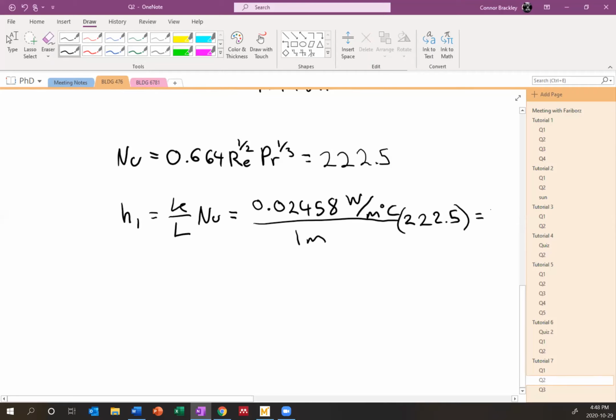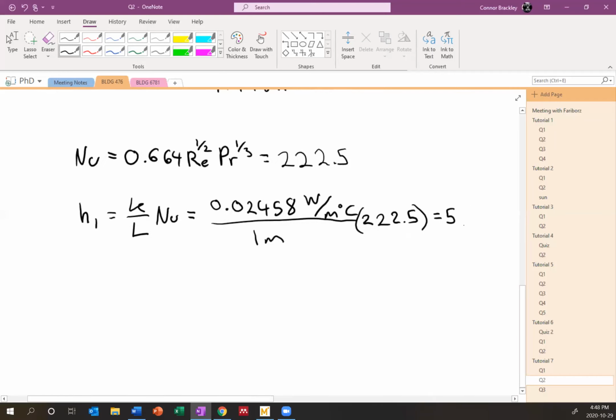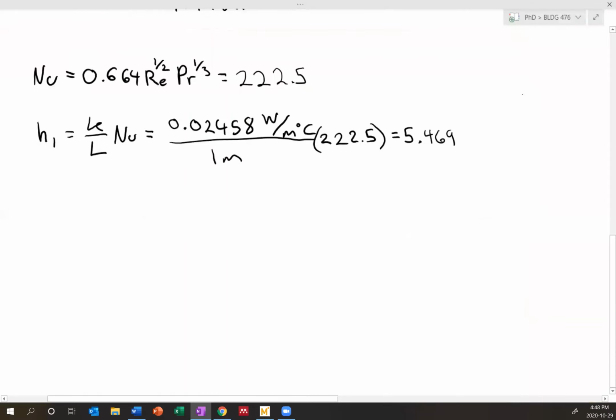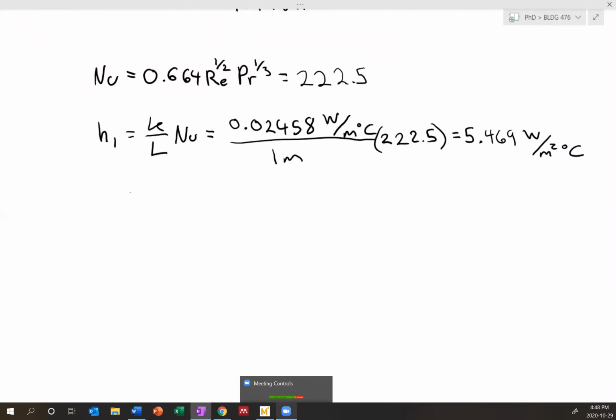So our area of the plate, the dimensions were given.